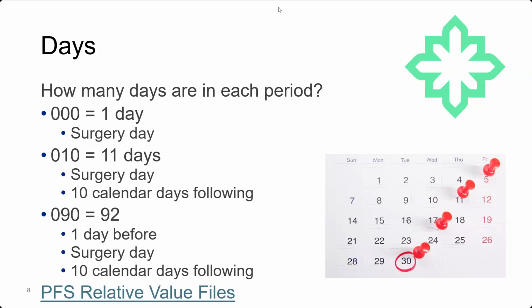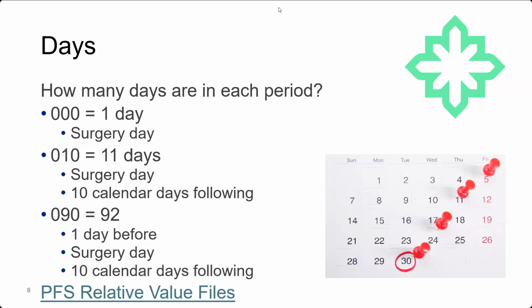Now, I didn't say surgery, I said procedure because a colonoscopy could have this. There's certain things that are going to fall into this. But what CMS is really saying is it's all about the day of the procedure. The reason that it says 000 is it's referencing postoperative work that starts the day after the procedure. Well, in this case, there isn't any.